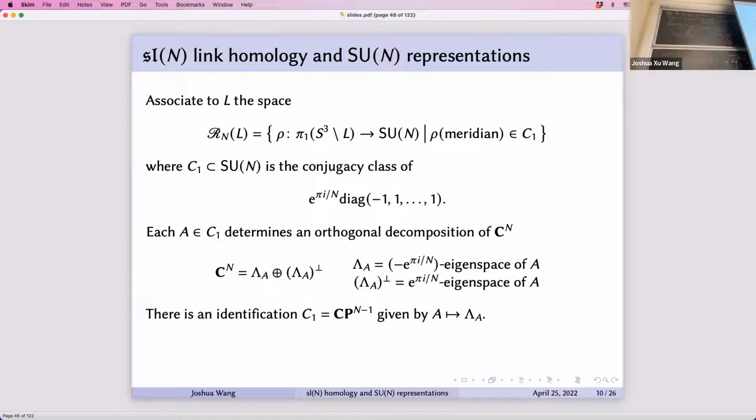So when N is 2, this space is S^2, and this conjugacy class is the conjugacy class of traceless matrices. So the traceless condition was sort of a coincidence. That's like maybe a red herring.